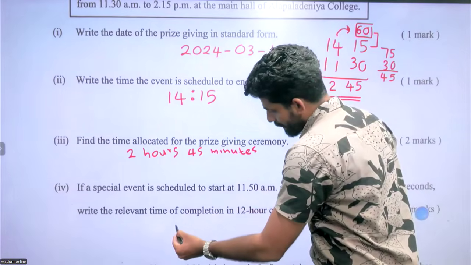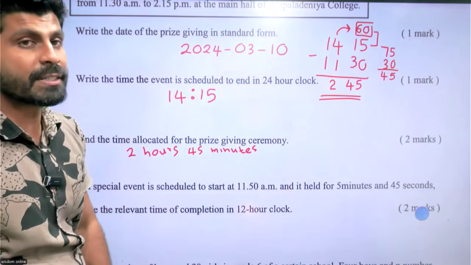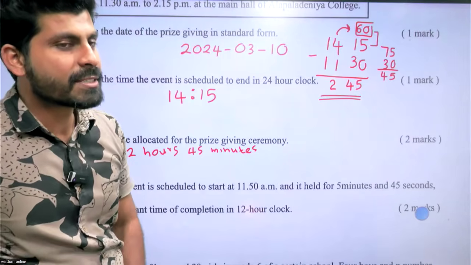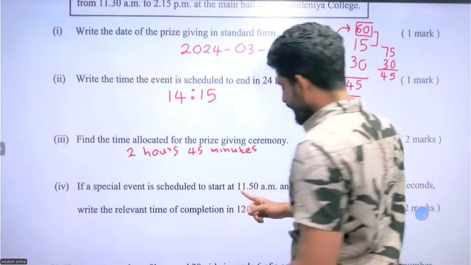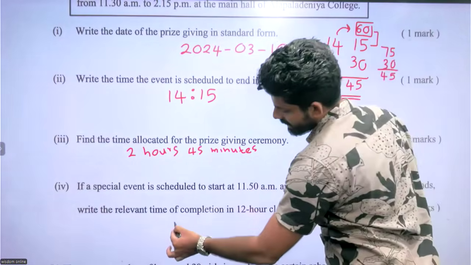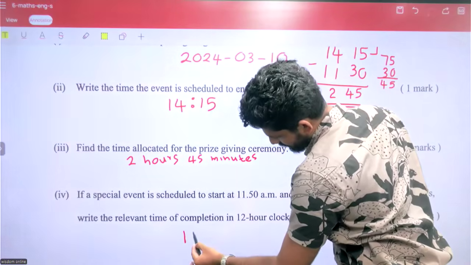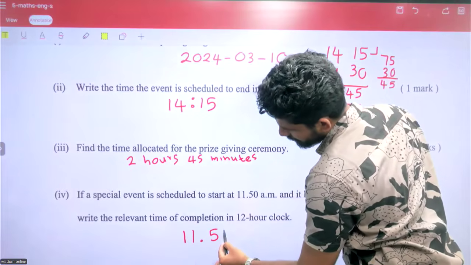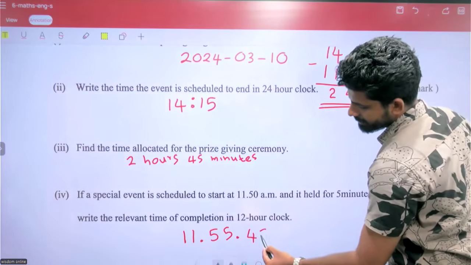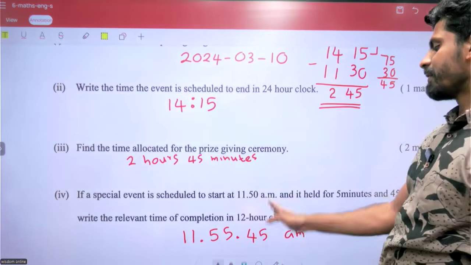It starts at 11:50, and we add 5 minutes and 45 seconds. 11:50 plus 5 minutes is 11:55, and 45 seconds, so 11:55 and 45 seconds.